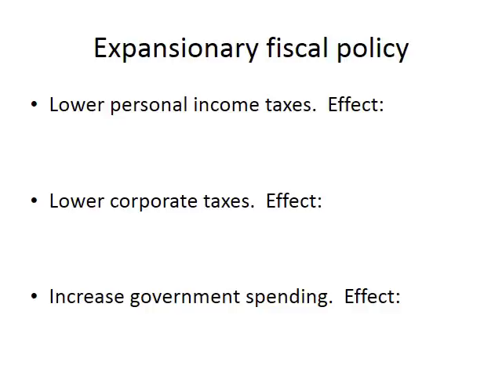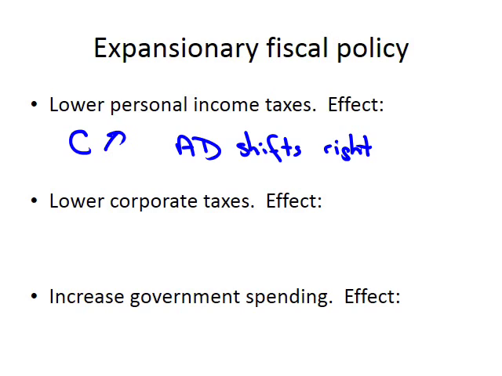So expansionary fiscal policy. If we were to lower personal income taxes, we know that consumption would go up, and so AD shifts right. If we were to lower corporate taxes, we know that investment would increase, and again, AD would shift right.